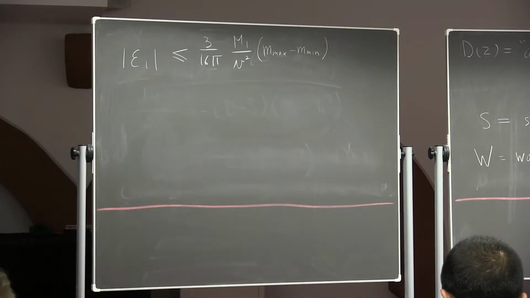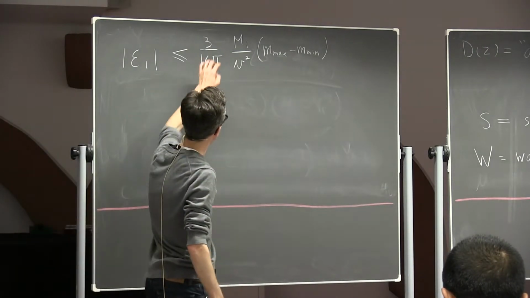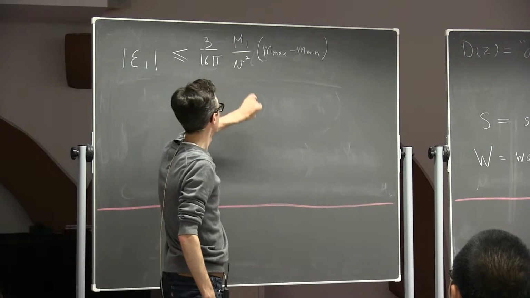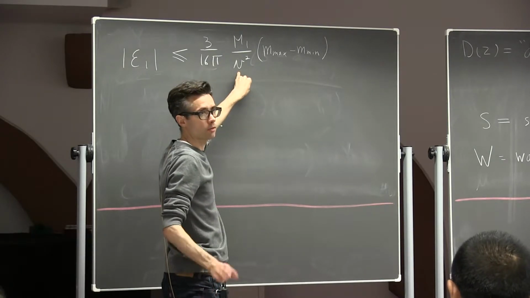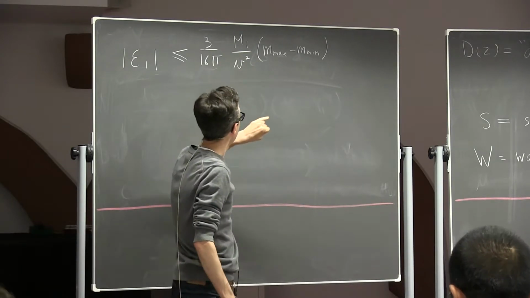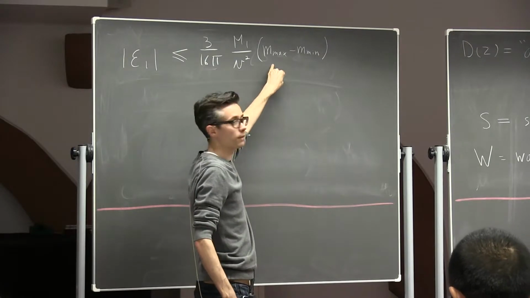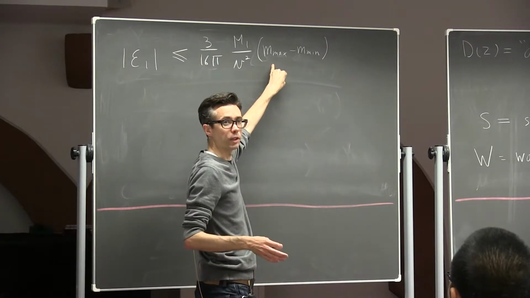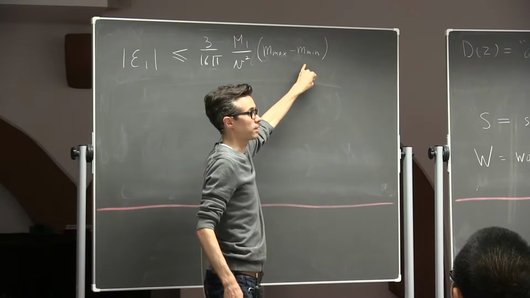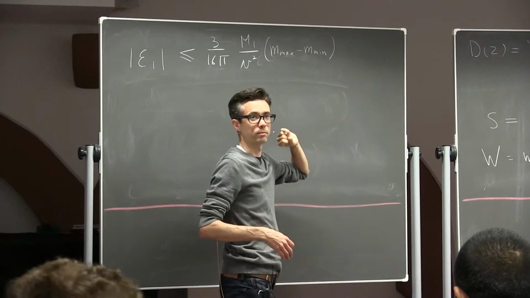So the maximal possible decay asymmetry is less than a bound involving the mass of the heavy N1, the Higgs electroweak vev, roughly 174 GeV squared, the mass of the heaviest Standard Model-like light neutrino, and the mass of the lightest Standard Model-like light neutrino.